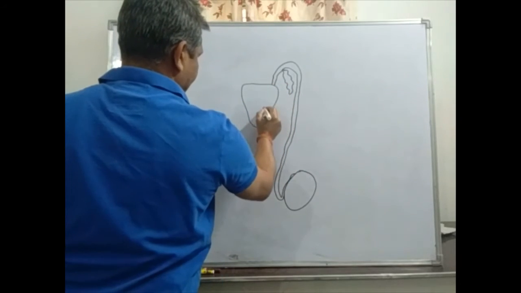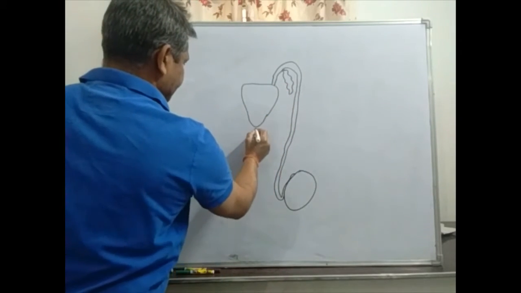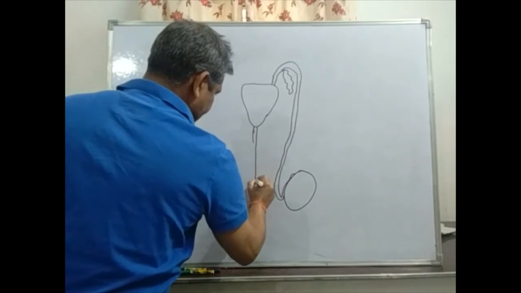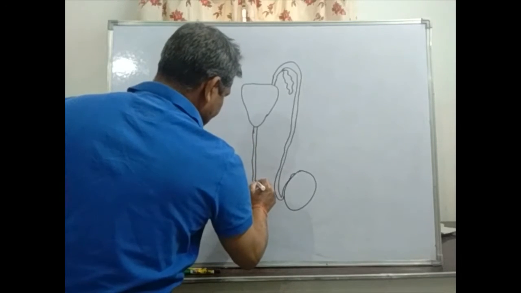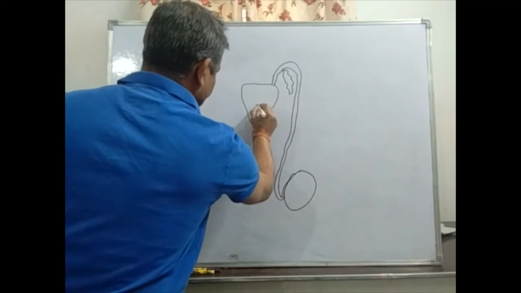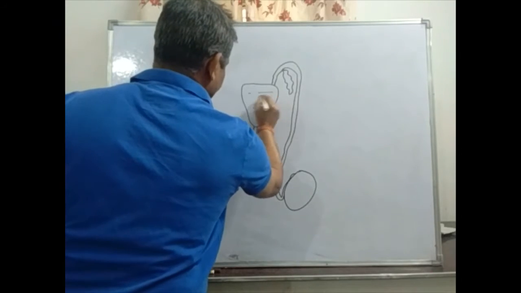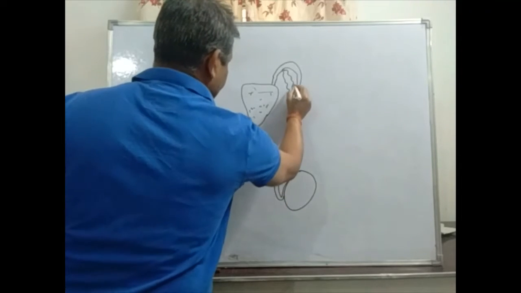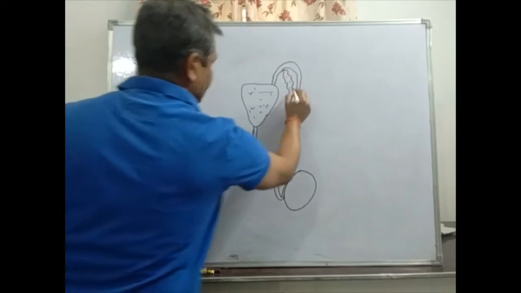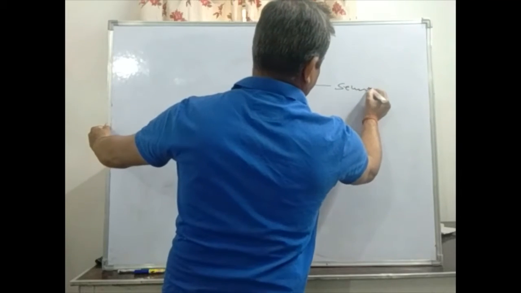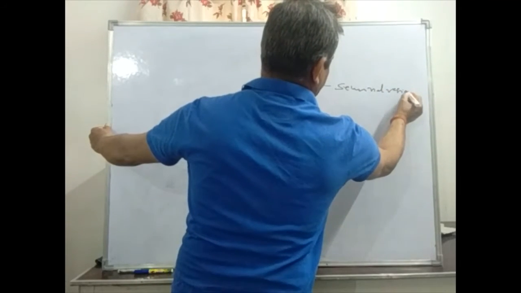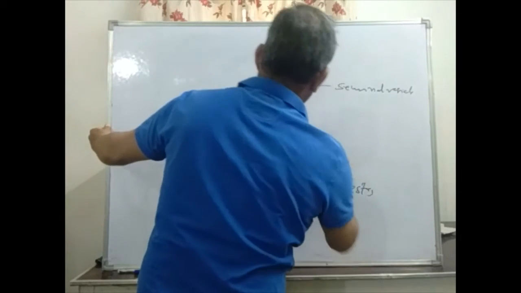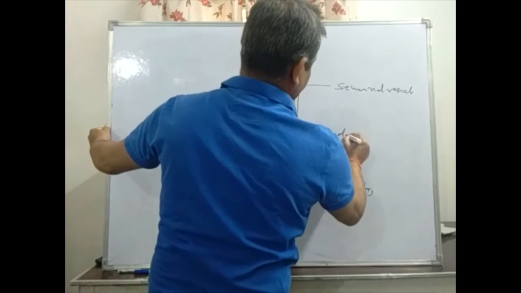This part is the prostate gland, and this is the seminal vesicle. These are the testes, and this is the vas deferens.